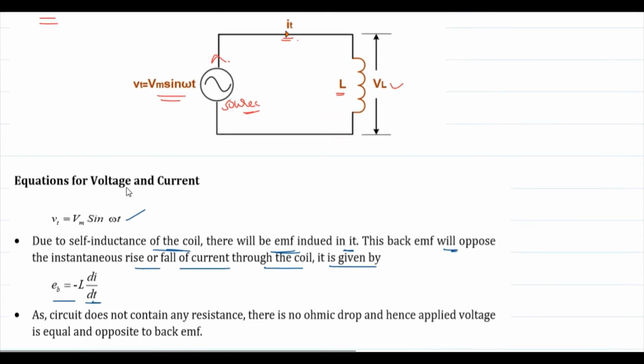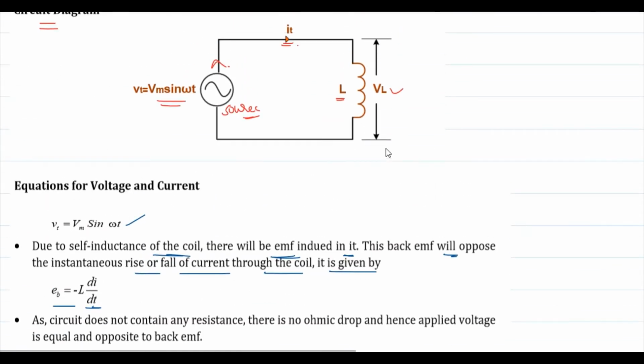As we know, the EMF induced in this inductor is directly proportional to the rate of change of current flowing through this particular inductor, and it is in the negative direction of the flow of the current.